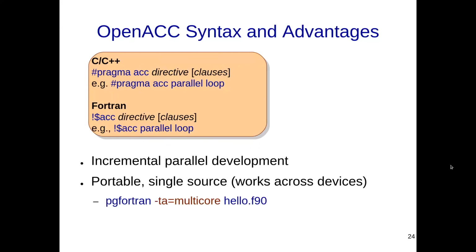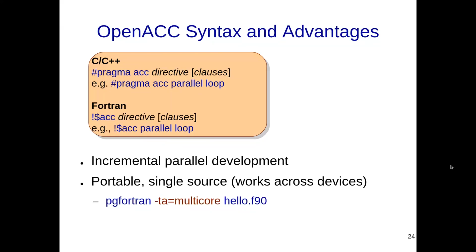And I'll show you an example of this, again using Fortran as an anecdote. If I have some hello world program or some Fortran program written in this hello.f90 file, and I compile this program with pgfortran, I'll create a sequential code which is going to run sequentially on the CPU.